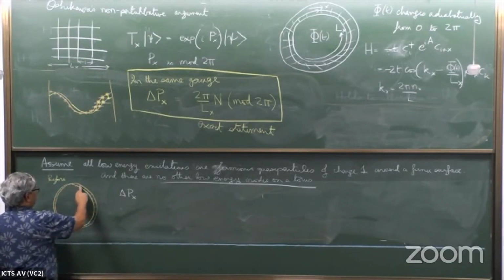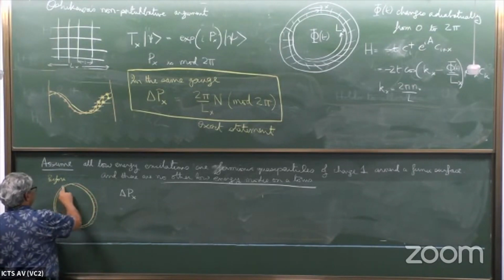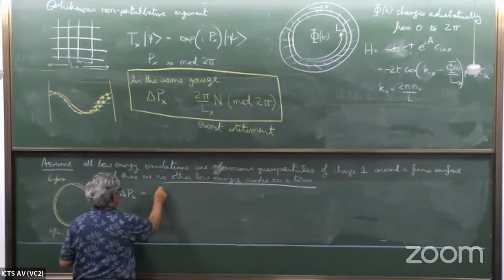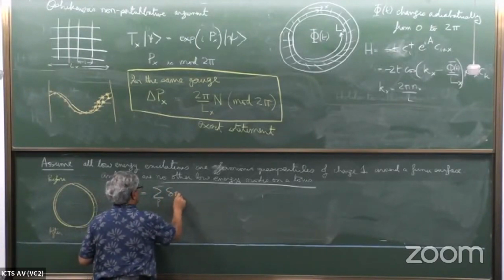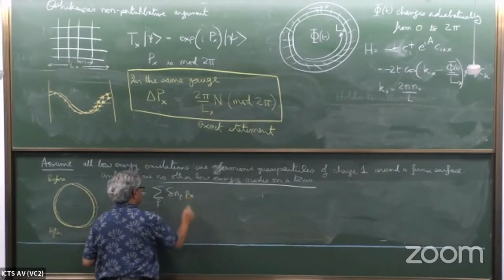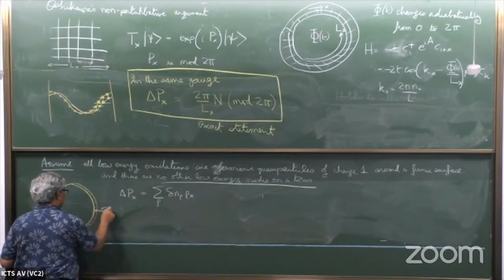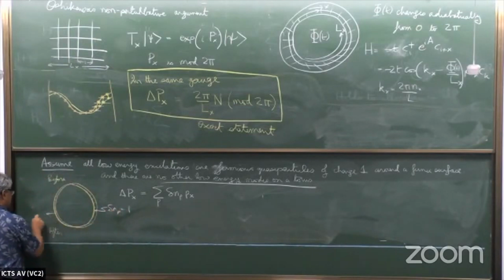And so you just add up the momenta of all the particles here and all the particles there, and subtract the ones over there. So this is going to be the sum over all p of delta np times px, where delta np in this region is 1, and here delta np is -1.